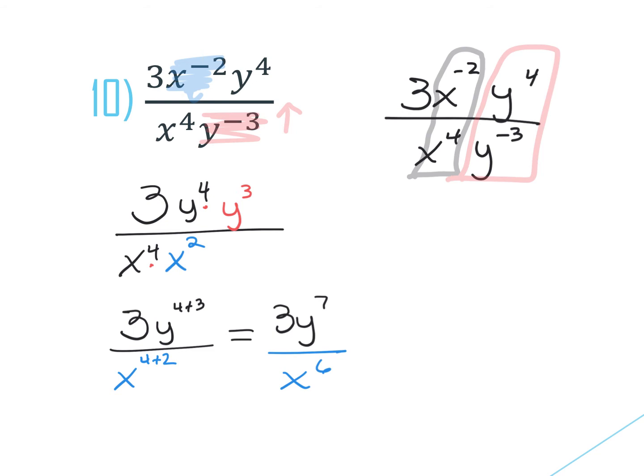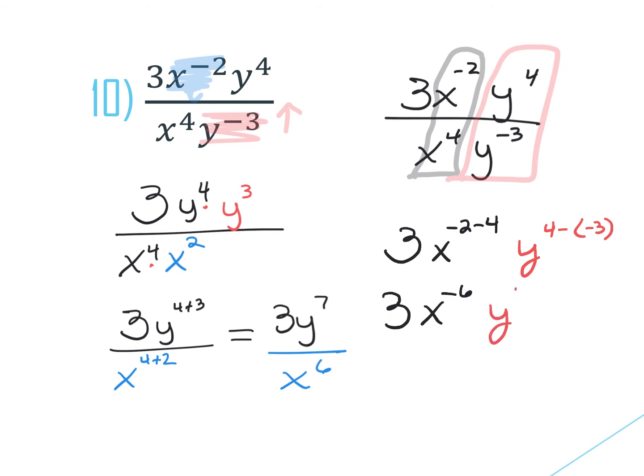We could take the 3, leave it alone. The x is going to become negative 2 minus 4 power. So then this will become 3x to the negative 6. And then for the y, 4 minus negative 3. You do your keep, flip, change here, and it becomes y to the 4 plus 3. So then this becomes y to the 7th.